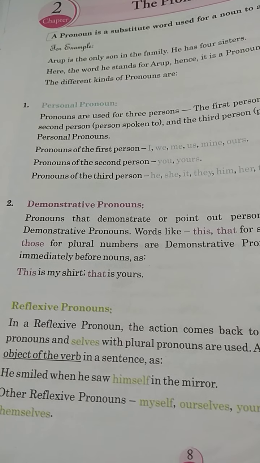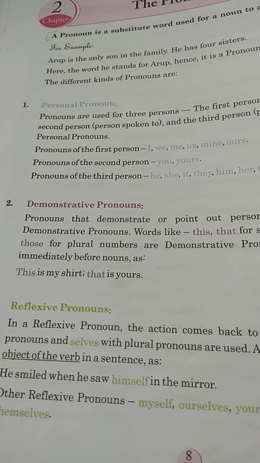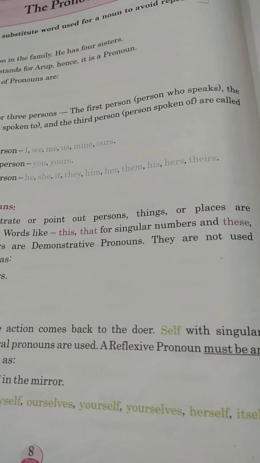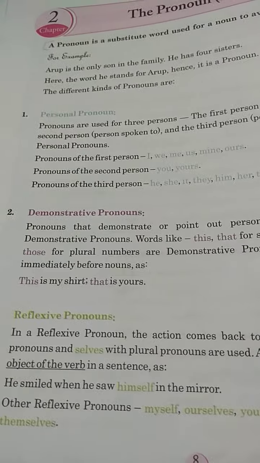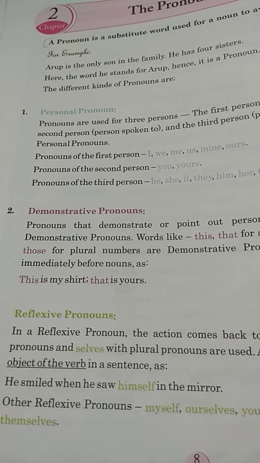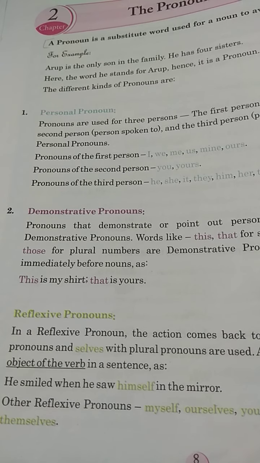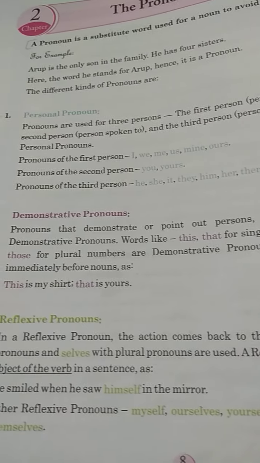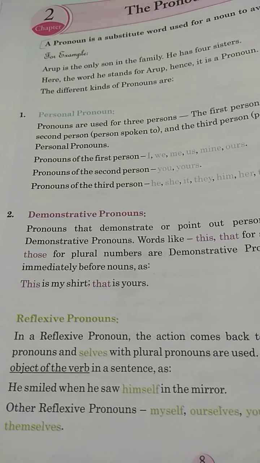Personal pronoun. Pronouns are used for 3 persons. The first person, the person who speaks. The second person, the person spoken to. And the third person, the person spoken of, are called personal pronouns.